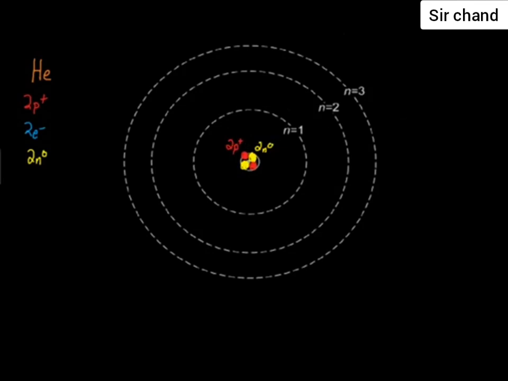Now, according to Bohr, the electrons are in set positions. They're in set shells. The question is, how many can I have in each of these shells here? The n equals 1 shell right here, and the n equals 2, and n equals 3, and actually n equals 4, n equals 5, n equals 6, etc. And a thing to note, the further out you go, the closer that these shells get.